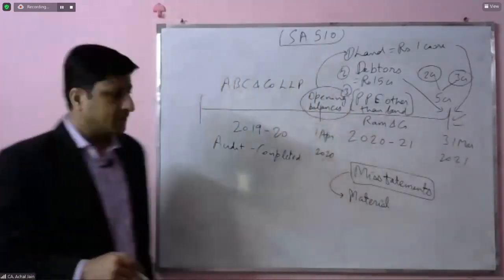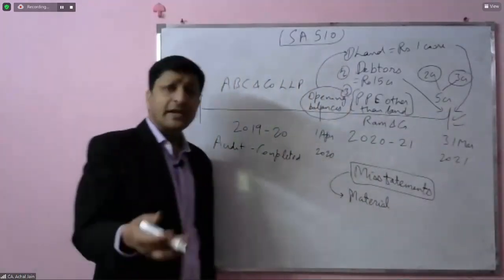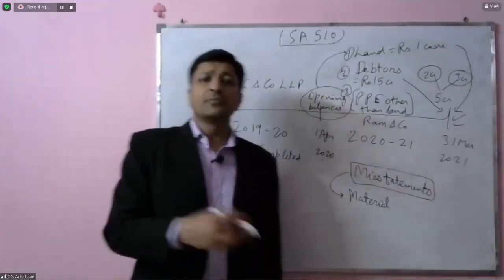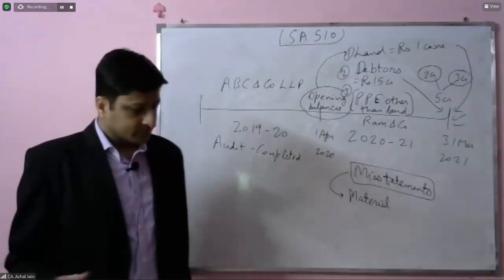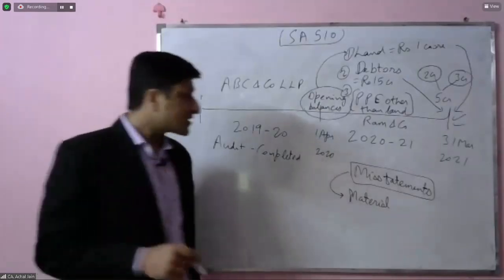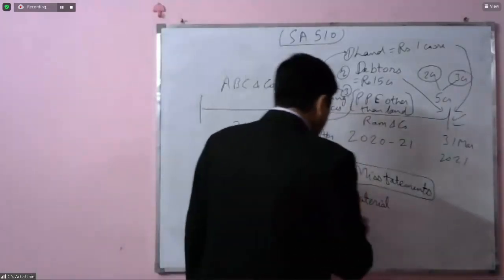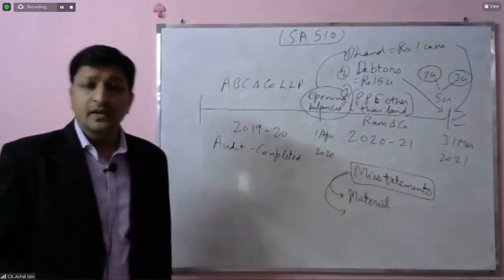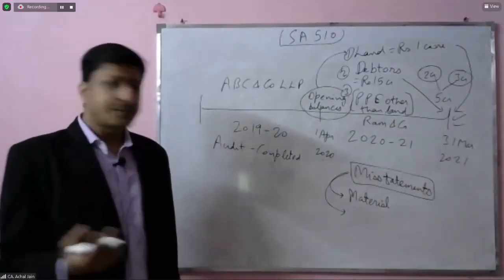This is the first thing, because depending on the materiality, their adjustment would be required. Along with this assessment of materiality, the auditor would also want to understand from the management the reason for those misstatements.